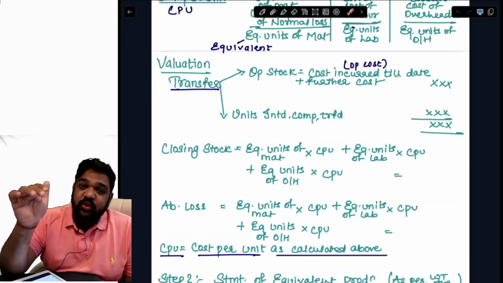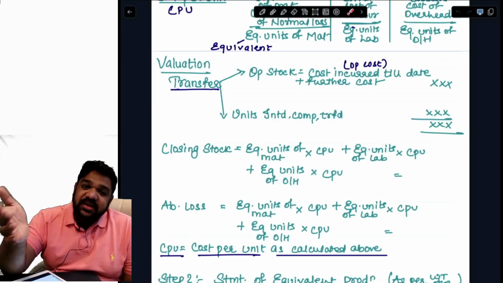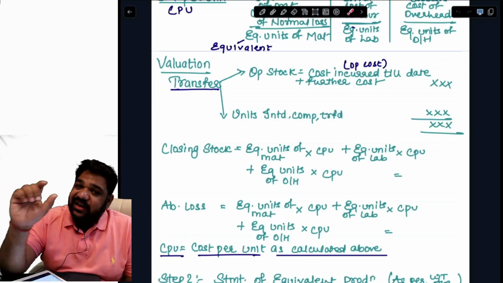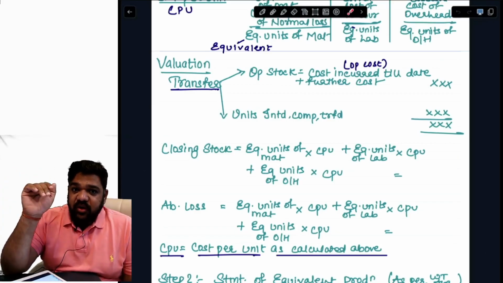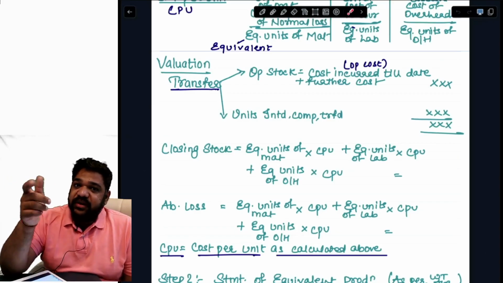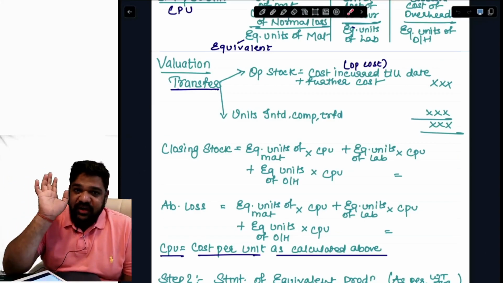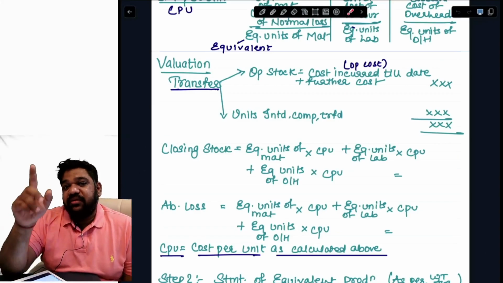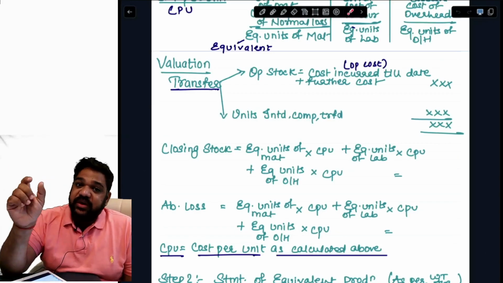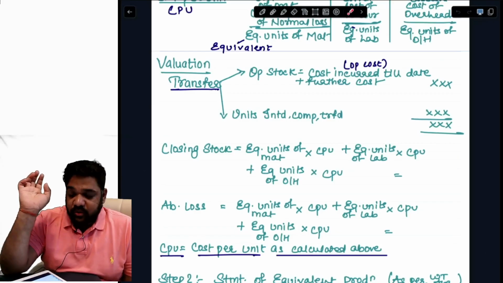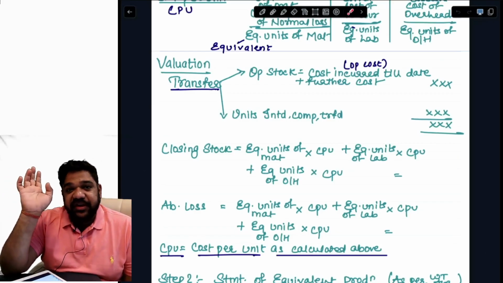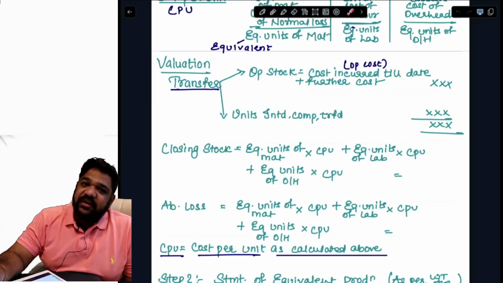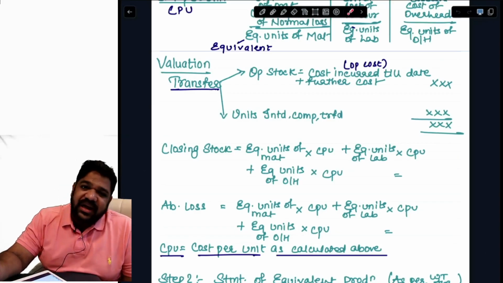Both of these together are your transfer valuation. So UICT plus opening stock is your transfer valuation. How do you get the opening stock valuation? Whatever is the opening cost plus the equivalent units into the cost per unit for this period. And for the units introduced, completed and transferred, you multiply the UICT units with the cost per unit, the regular route, and add them together.